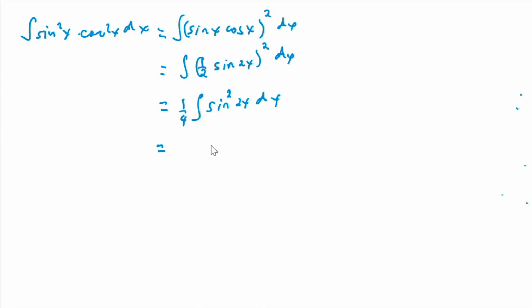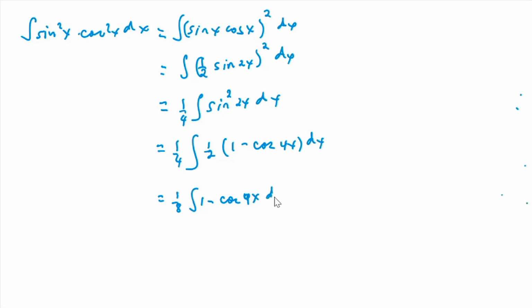Now we are going to use again the half angle formula for sine squared 2x. So this can be written as 1/4 times the integral of 1/2 times 1 minus cosine of twice the angle, so 2 times 2x gives us 4x dx. By multiplying this, we can write 1/4 times 1/2, which is 1/8, the integral of 1 minus cosine of 4x dx.